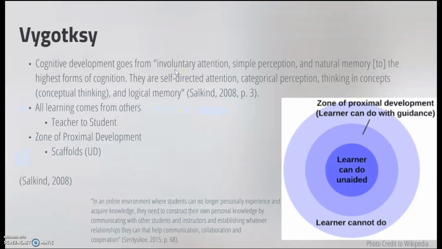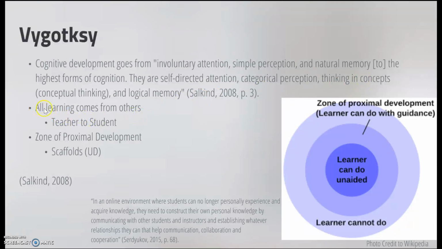Vygotsky also had certain development levels from primitive to what he called the highest forms of cognition. He also focused on the idea of very basic thinking and ability, moving up to self-directed, being able to provide multiple categories, and abstract thought as well.